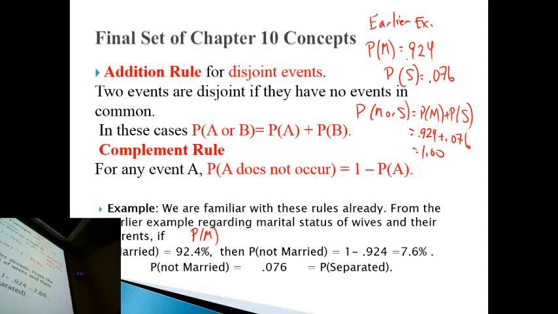Well, then not married is just 1 minus that. And then you get the idea. Not married and separated are the same thing. So you guys know that. That's kind of intuitive.